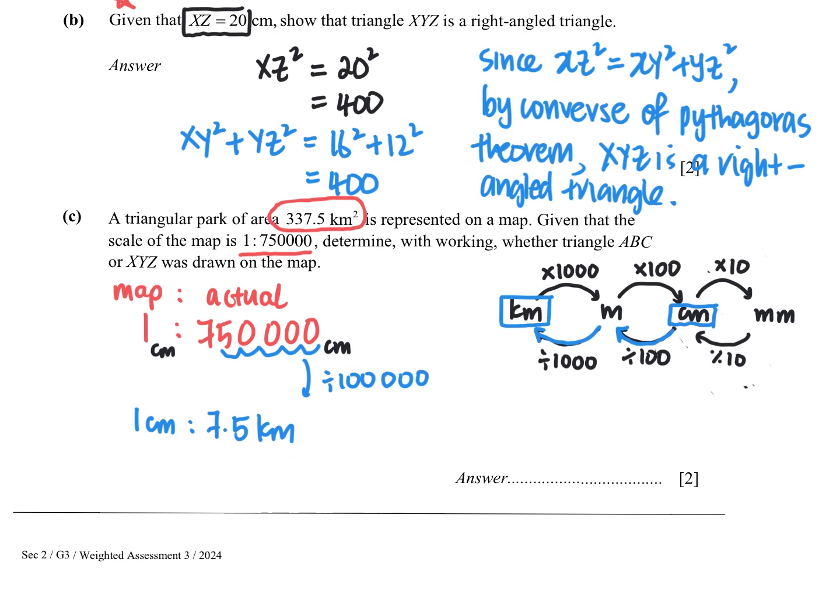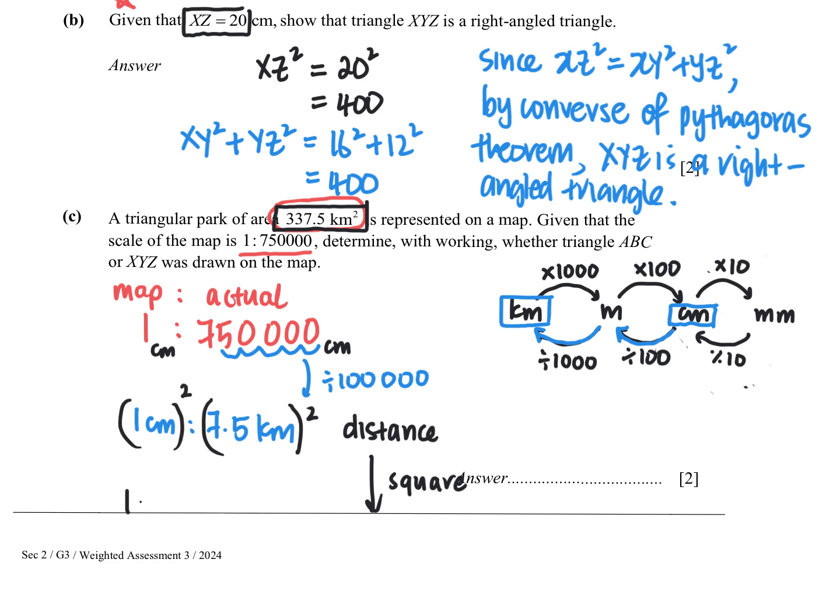Now take note. This thing is area. This is distance. So if you want to change distance to area, you need to square it. So let's square both sides.